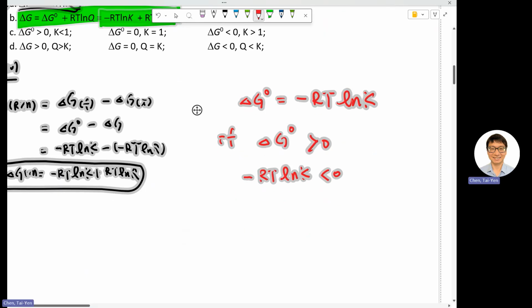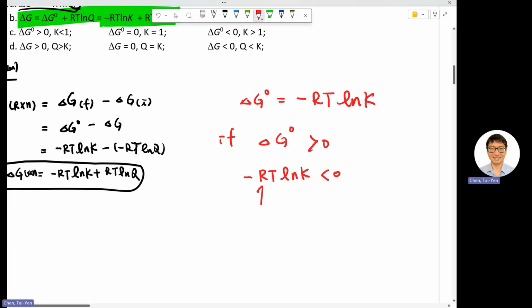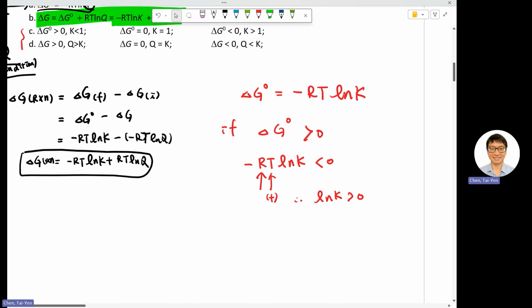R is just a constant, so it's not going to affect your sign. Temperature is always positive. Therefore, your natural log K has to be positive or negative? Everybody follow this?